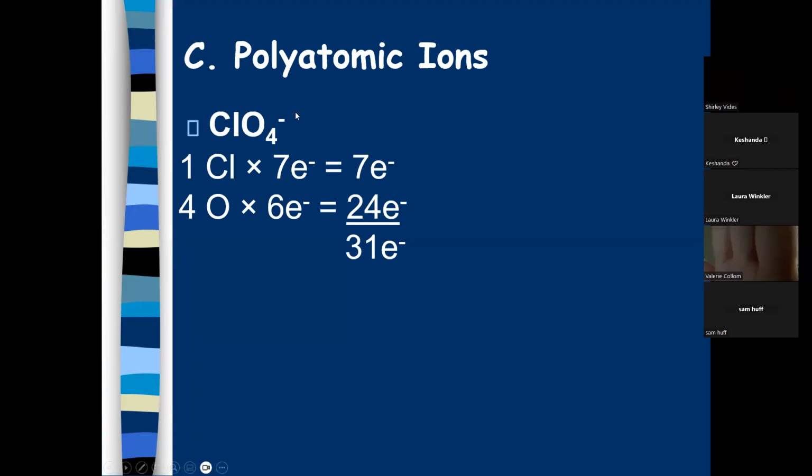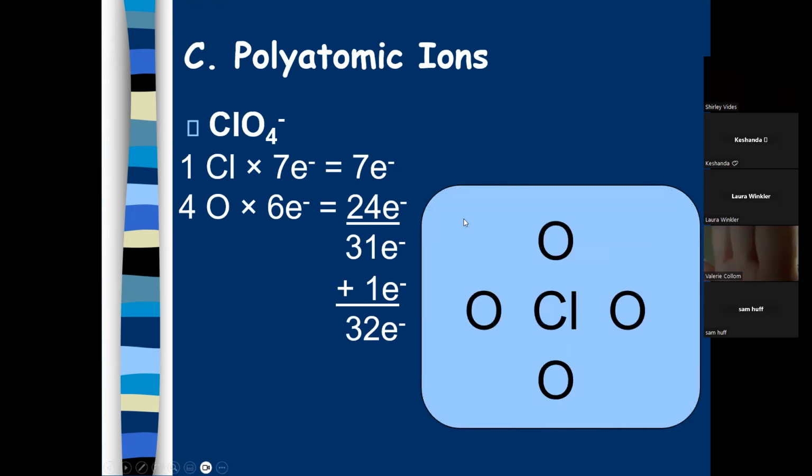You see there's a charge right here. Oh, sorry, right here. See, that charge means add 1 electron. So that's what we did. Now we have 32. Now we just follow exactly as we did before. Same steps. Put the chlorine in the middle. Make bonds. Subtract those bonds. And see how many you have left. You have 24.